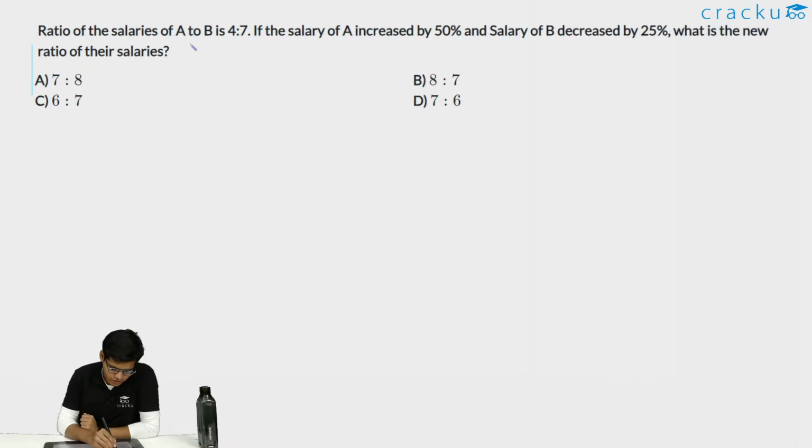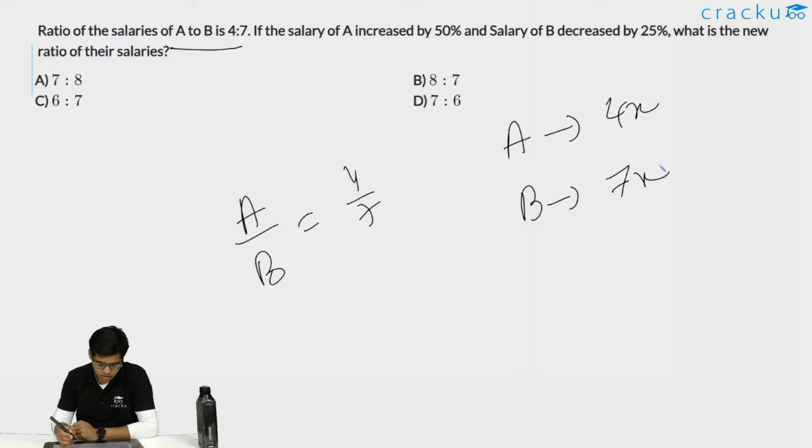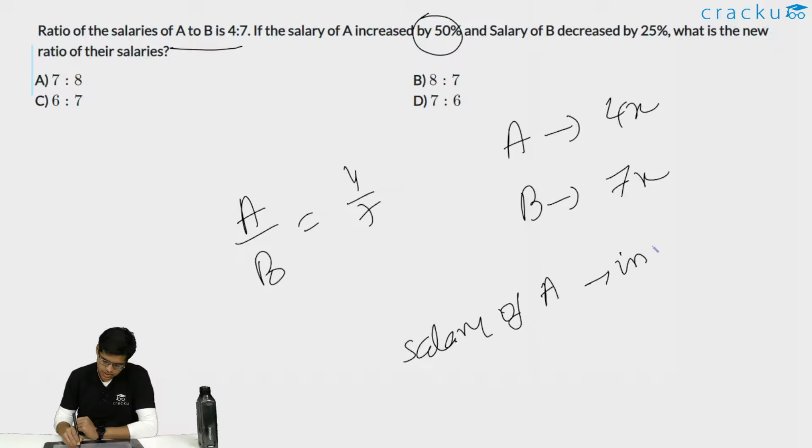Ratio of salaries of A is to B is 4:7. So A by B, salary is 4:7. So I can take A salary as 4x, B salary as 7x, where x is the common variable. Salary of A is increased by 50%.